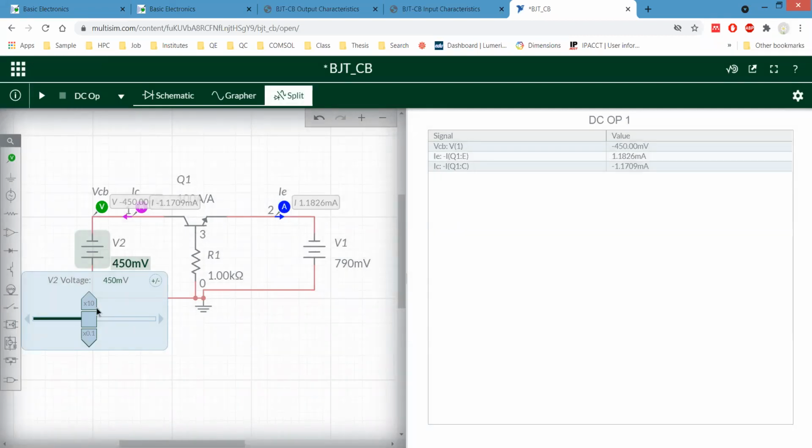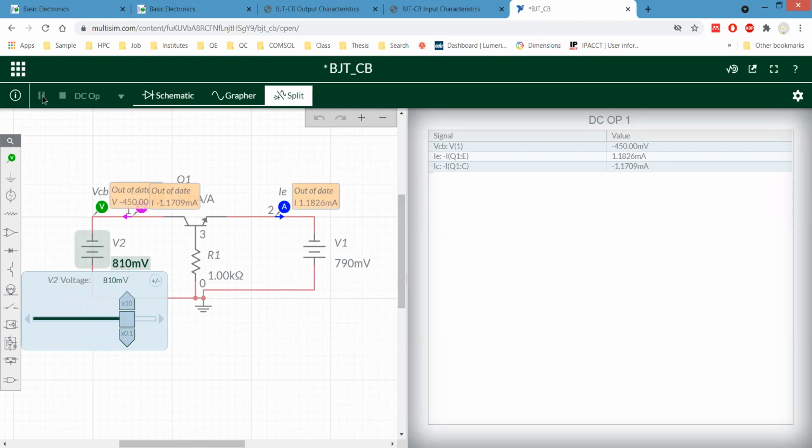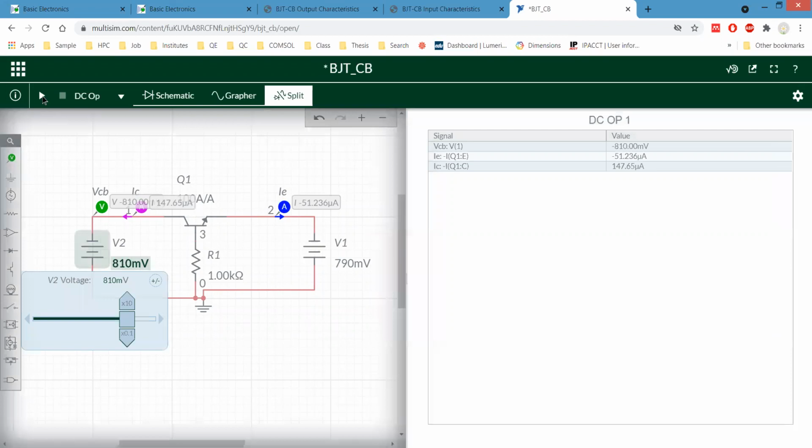Okay, now Vignesh, you can take the data. So for this case, is the IE value changing or not? No, I don't think it is changing. It should not change. No, sir, it is changing.